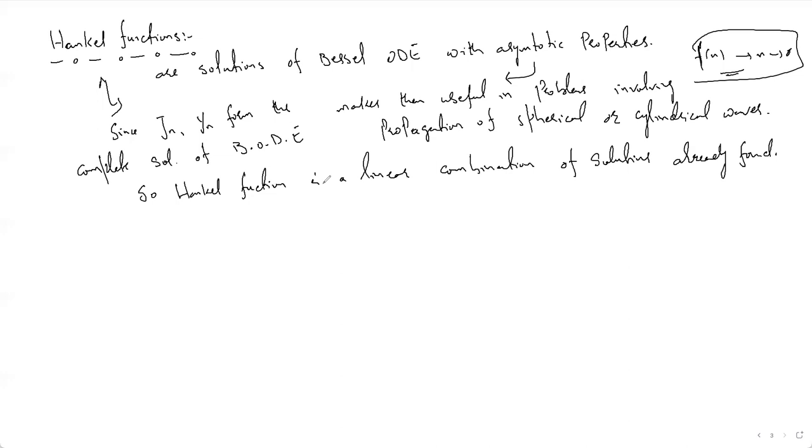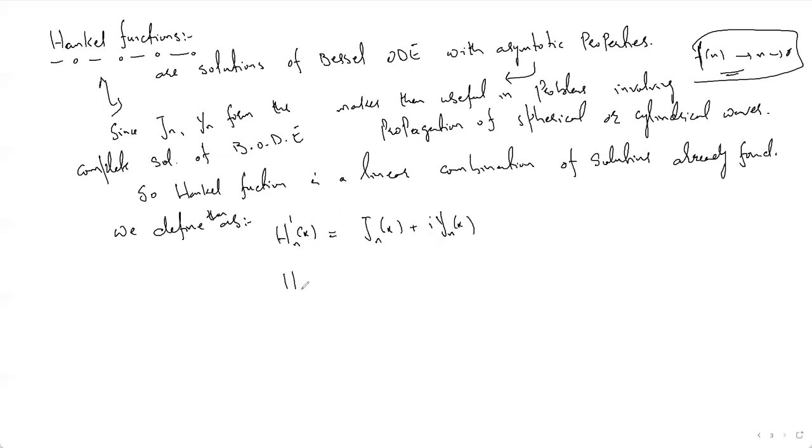Right? So how we will define? We are going to define this. We define these Hankel functions as like Hn1 of x, right? So this is equal to Jn of x plus iota Yn of x, right?